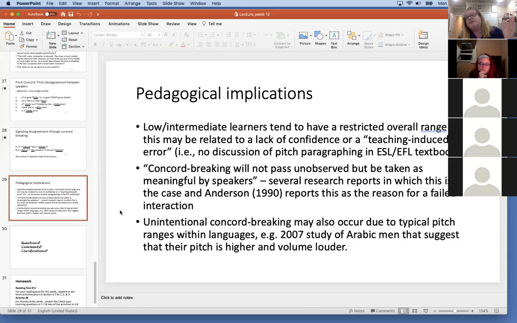Thus, if they transfer this into English and into their interactions, it can be considered to be concord breaking. But of course, it's unintentional concord breaking. They're not trying to sound more aggressive or trying to sound like they want to disagree. It's simply an L1 feature that's now been transferred into the L2, but that can be problematic.